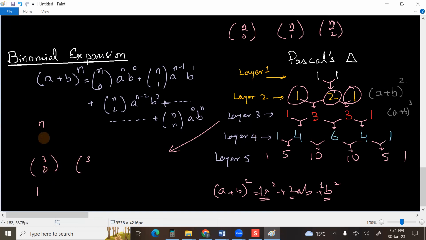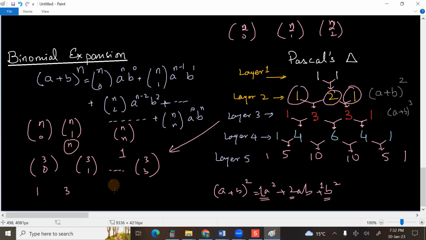In fact, any number n with a 0 combination is 1. Then it's 3C1, which is 3 itself. So nC1 is n. And similarly, the last one is 3C3, and that's also a result: n combination n is 1. So we have these results.